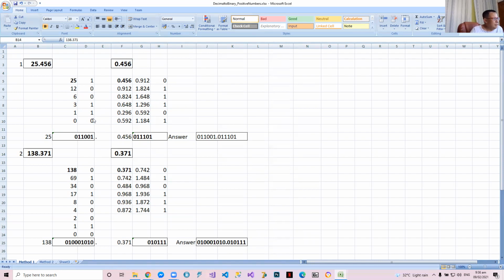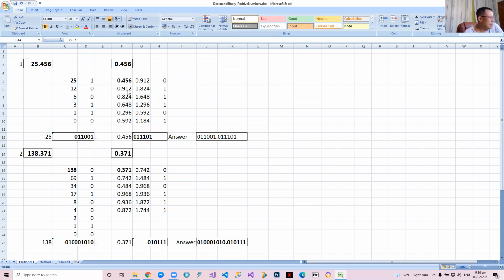Any questions so far? And then we convert the 0.456. To do this, instead of using division, we will use multiplication, and instead of saving the remainder, we will save the integer part of the multiplication, okay, the product. Okay. So 0.456 times 2 is 0.912. So the integer part is 0. Record this.